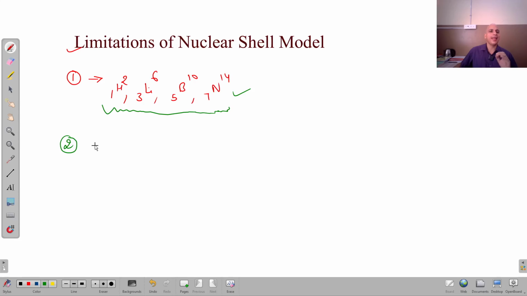We know very well that the shell model is capable of calculating the spin and parity of different nuclei, right? But if we look at the different nuclei in nature and try to calculate their spin and parity, then it is found that the predictions made by the nuclear shell model are valid only in the case of nuclei which are in the ground state.